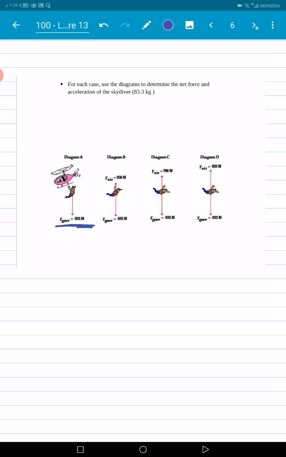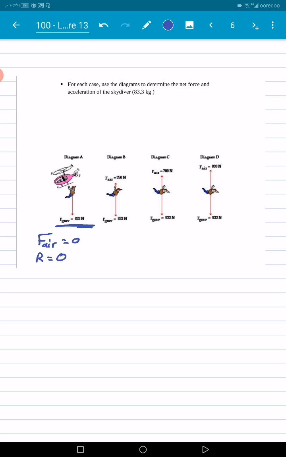So in number 1, R is equal to 0 because there is no force from the air, because in number 1 F air is equal to 0, so that means R, the air drag, is equal to 0.